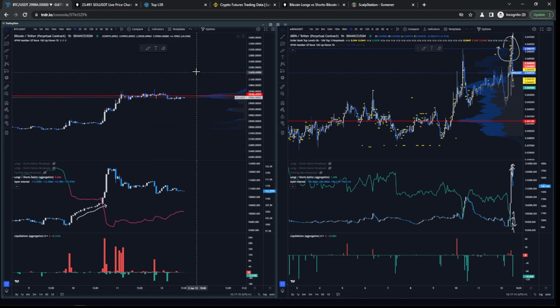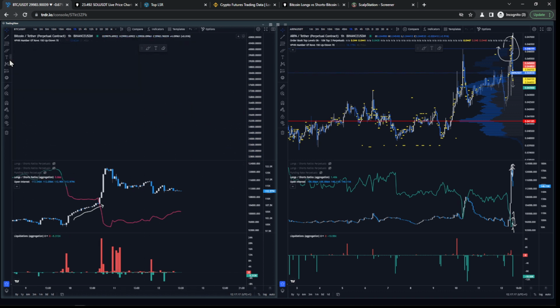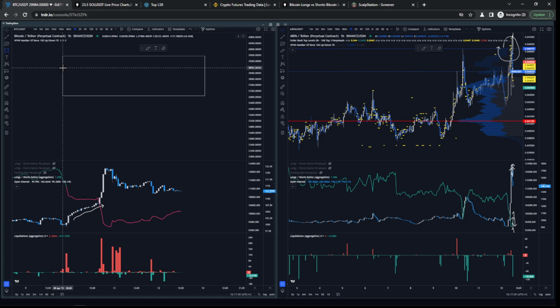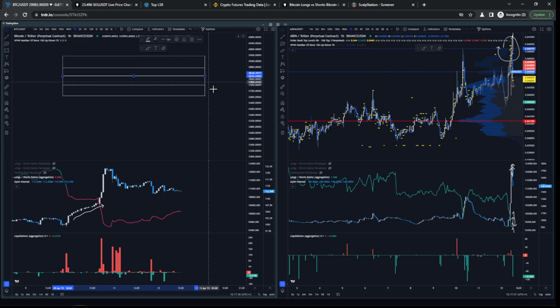Let's explain here. So they have their board with a lot of coins.